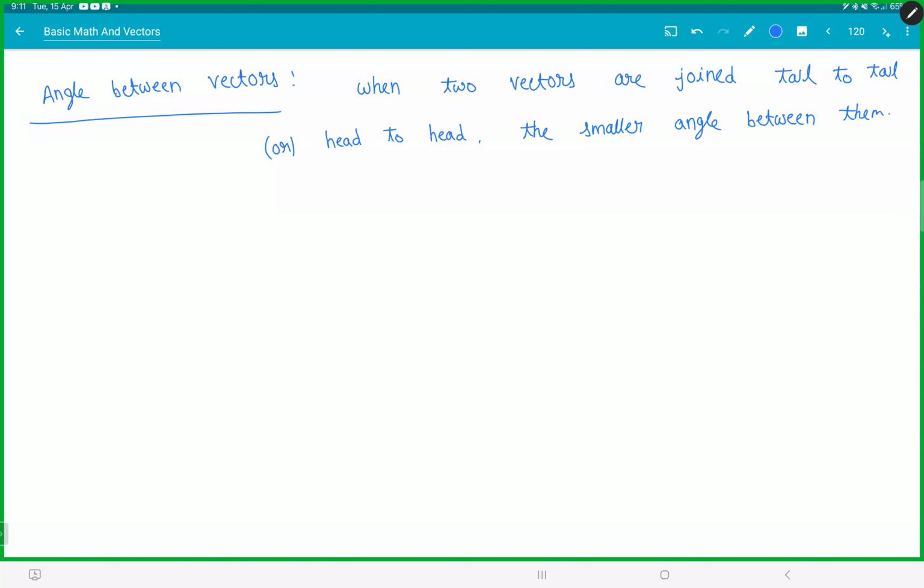Meaning, this is how you add them. If this is A bar, this is B bar, you have to put them tail to tail. Then this is the angle between the vectors.